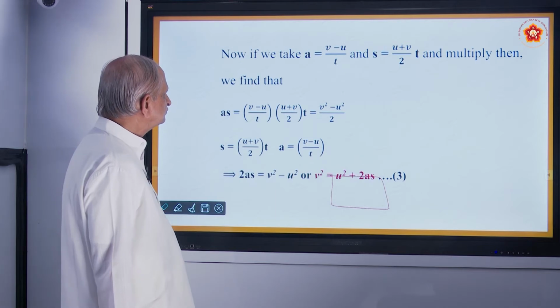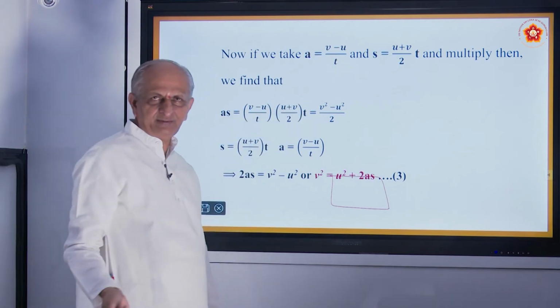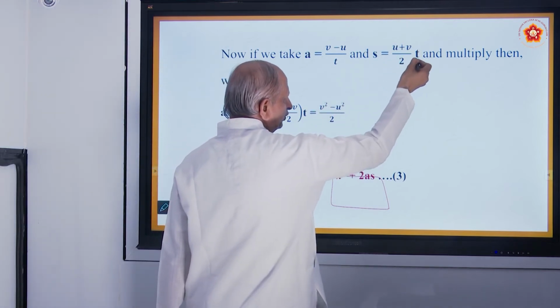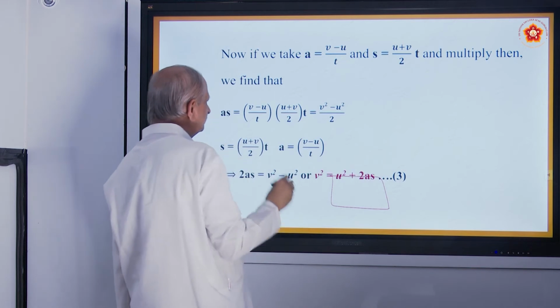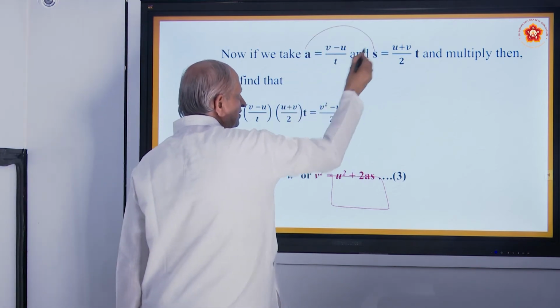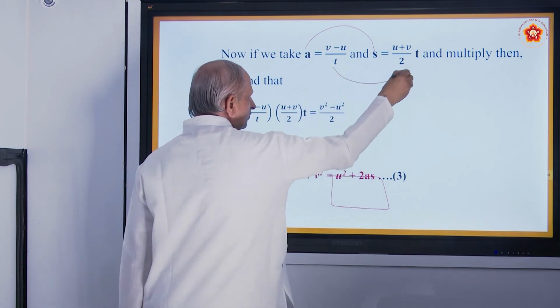Okay. So if you take a is equal to v minus u by t, already seen it, and then s is equal to u plus v by 2 into t, multiply the two, you get as. So a and s to be multiplied. You multiply the left hand side, multiply the right hand side also.